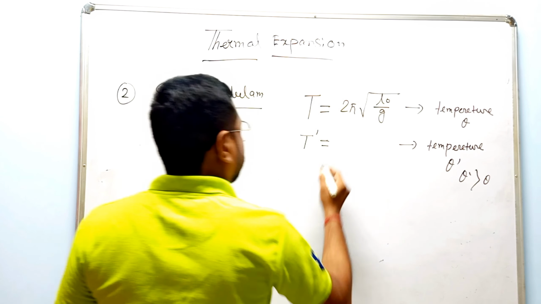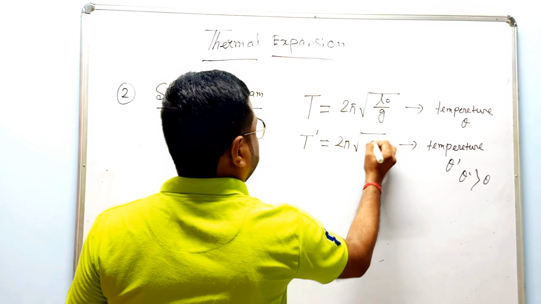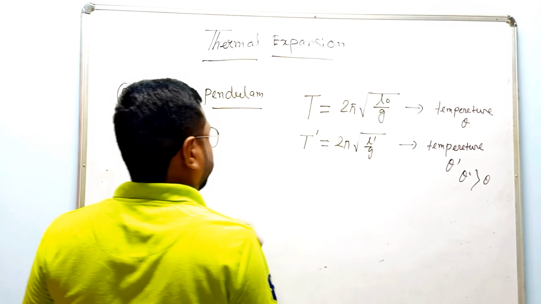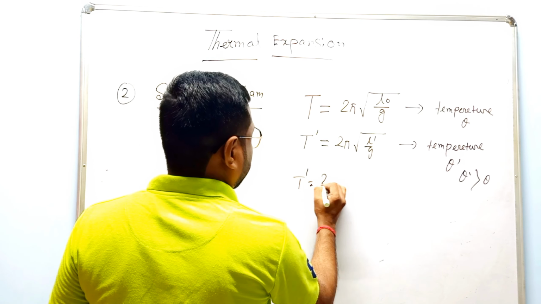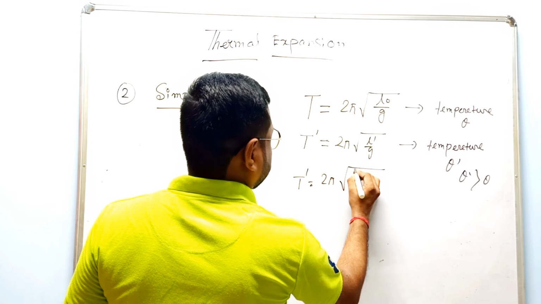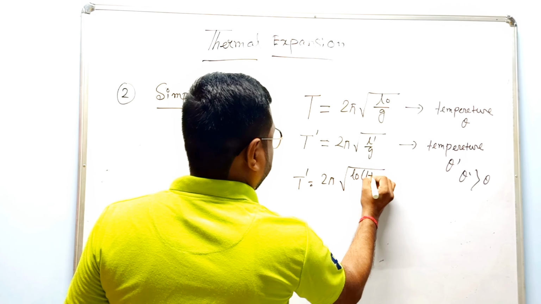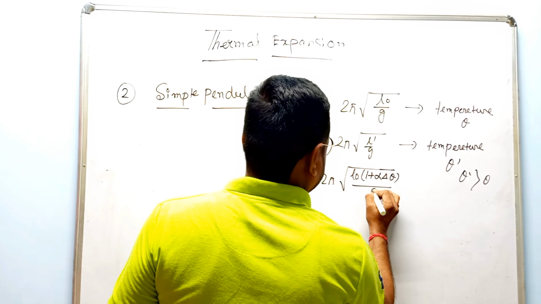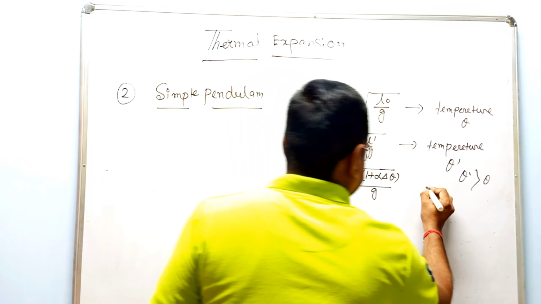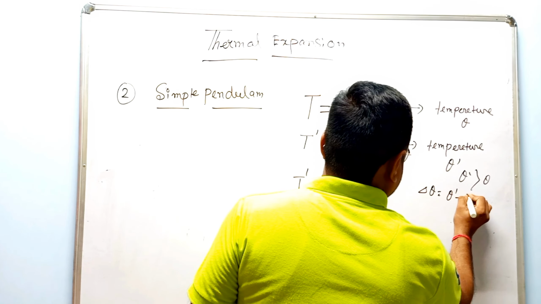So T dash equals 2π root under L dash by g, that is T dash equals 2π root under L0 (1 plus alpha delta theta) by g, where delta theta equals theta dash minus theta.